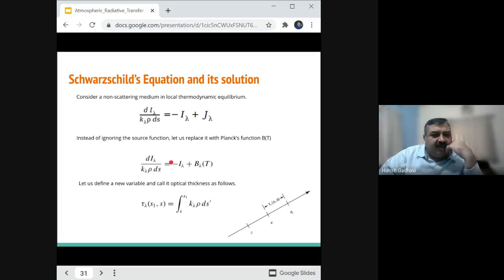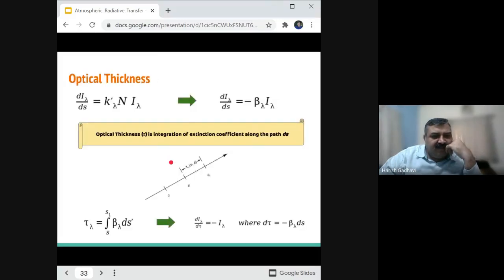And how did we derive the solution to this equation? Anyway, I think we stopped at optical thickness. So optical thickness is the integration of beta, and the convention is that optical thickness is defined as the negative of beta into ds. We will come to why this convention is there.